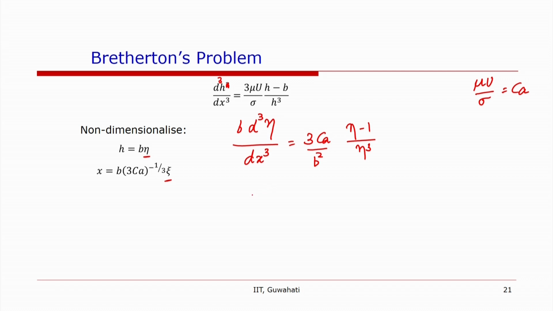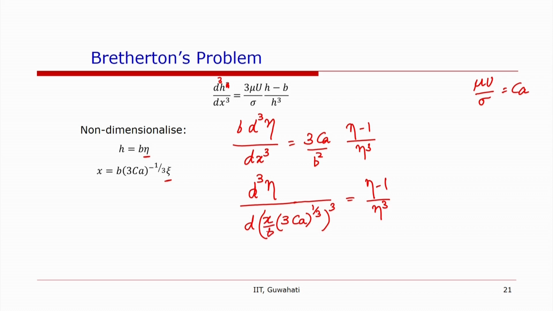So if we further write this, we will have d cube eta over d, over b into 3 Ca power 1 by 3 cube is equal to eta minus 1 over eta cube. So what we have done is approximated this. This is x over b.